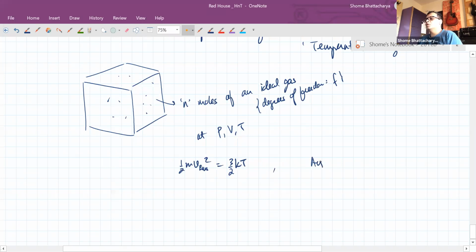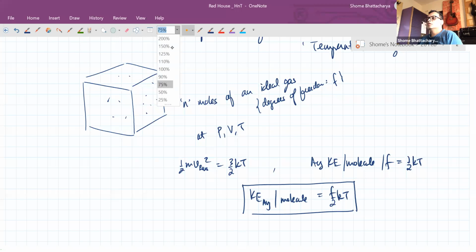Okay, we know that average kinetic energy per molecule per degree of freedom is half k. So the average kinetic energy per molecule becomes F by 2 k.